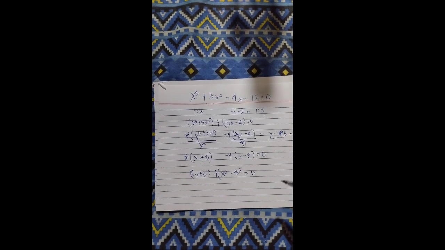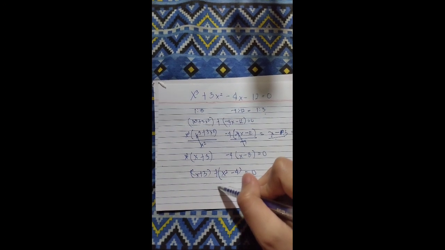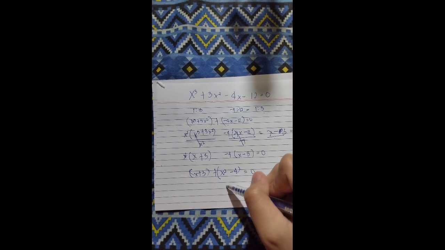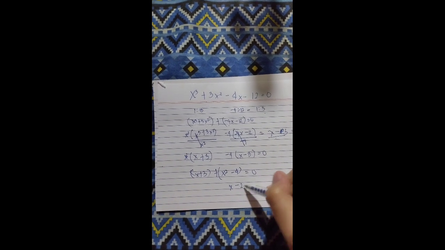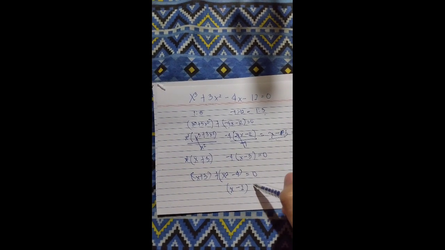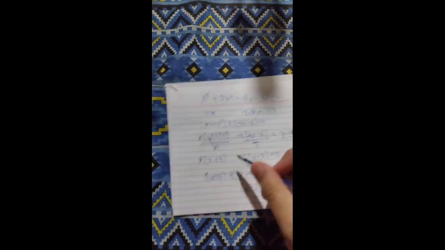Then let's factor the x squared minus 4. So the factor of x squared minus 4 is x minus 2 times x plus 2 equals to 0.